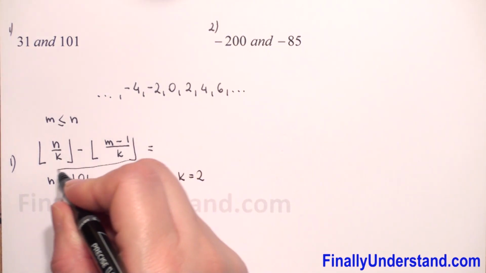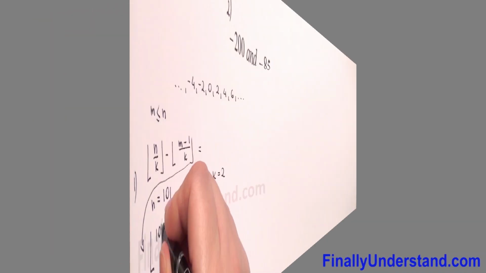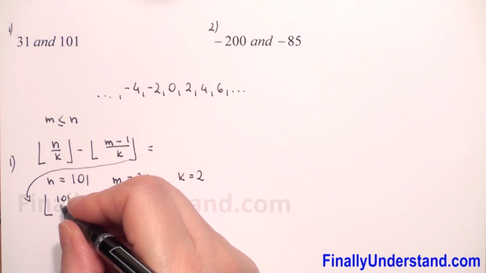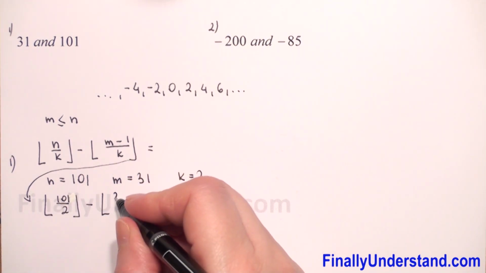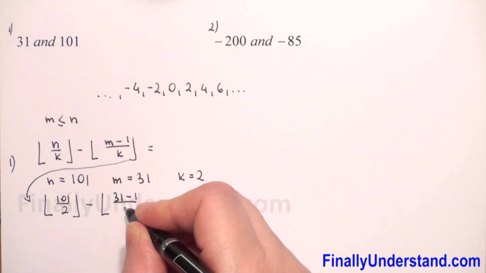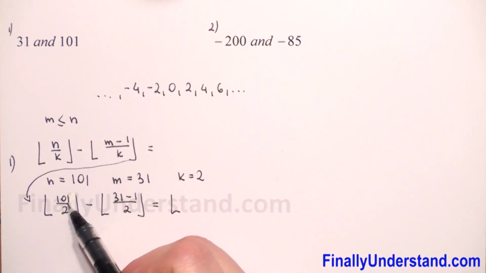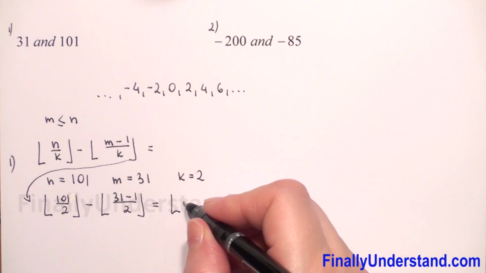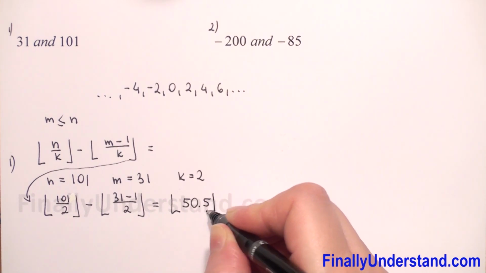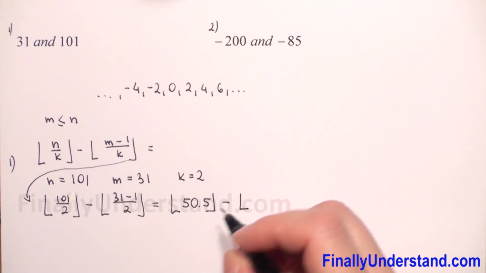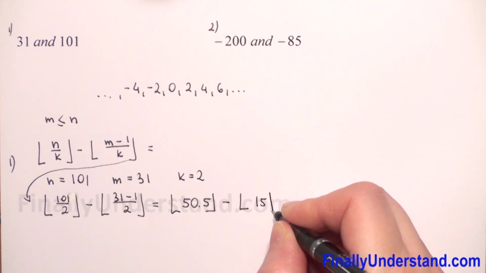So this is equal to floor of 101 over 2 minus floor of 31 minus 1 over 2. So floor of 101 divided by 2, which is 50.5, minus floor of 31 minus 1, which is 30, divided by 2 is 15.